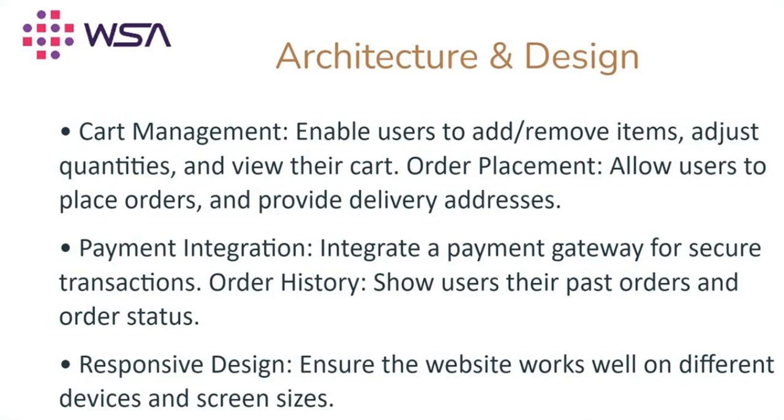And this allows the users to place orders and give the proper location so that they can get the delivery. And when we come to payment, it is the most important thing happening nowadays.